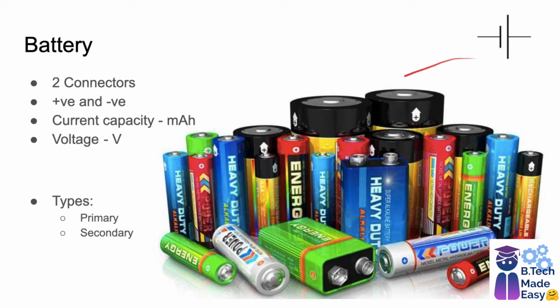Because we will not always be able to draw such figures or photos whenever we represent these things on paper, right? Because many of us are not that much artists. Due to that, all these electronic components are represented based on a few symbols. So as I told, in a battery there are two pins, one is positive and the second is negative. Just like that, over here one is positive and the second one is negative.